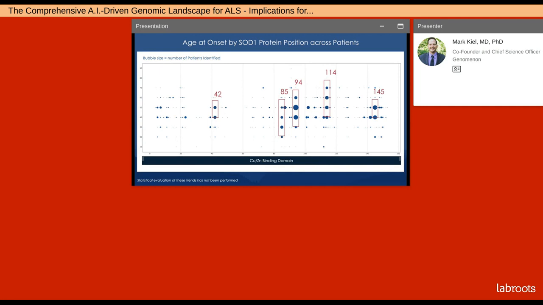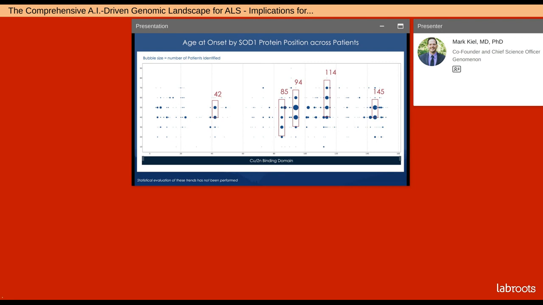And then on the y-axis are those decades of life for age of onset. And what I'm showcasing there in the bubbles as a reflection of the number of patients that we've identified that have mutations at specific residues or positions along the SOD1 protein, and how those different residues confer a different age of onset for those patients.